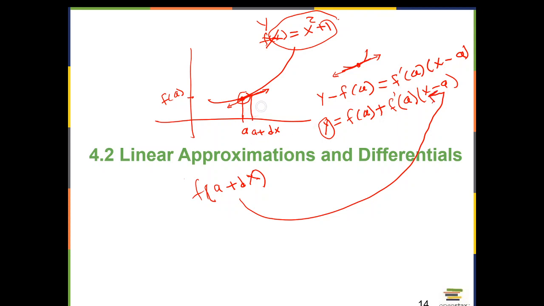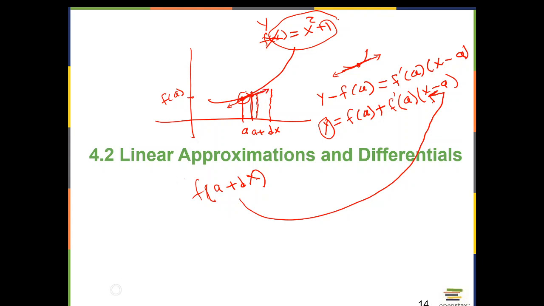So if you think of like right at that point right there, there is a distance here, which is the y value if you substitute a plus dx in the tangent line, and there is a distance a little bit higher up here. So that distance versus this distance. So we're going to approximate this bigger distance using this smaller one from the tangent line.